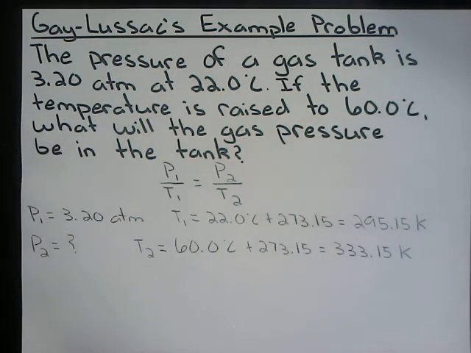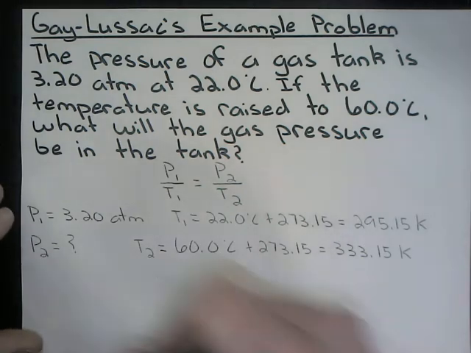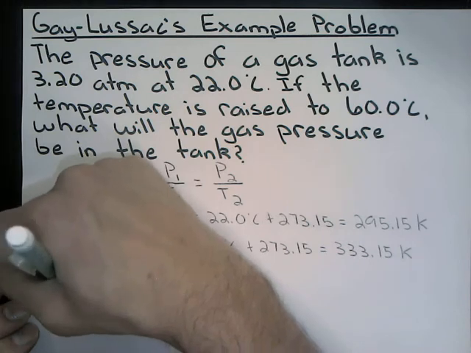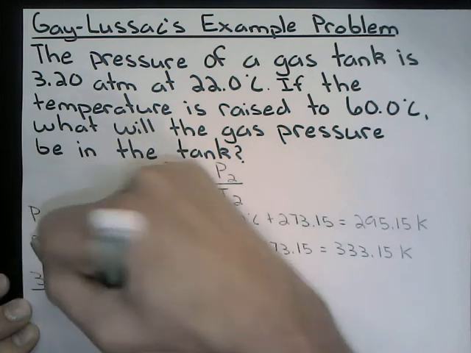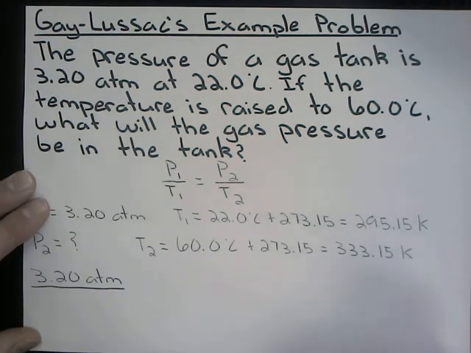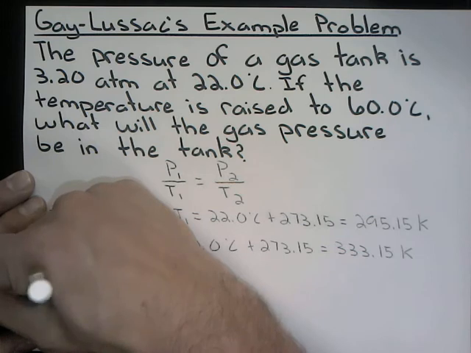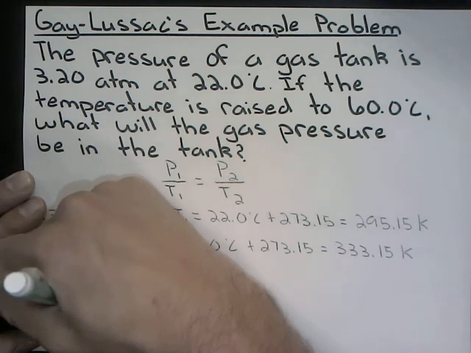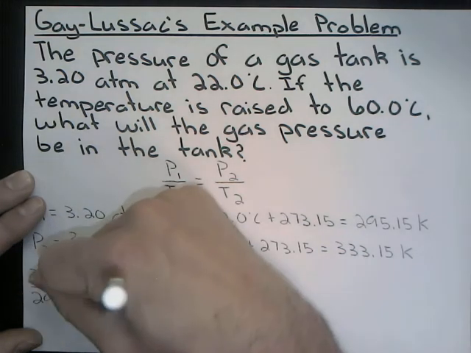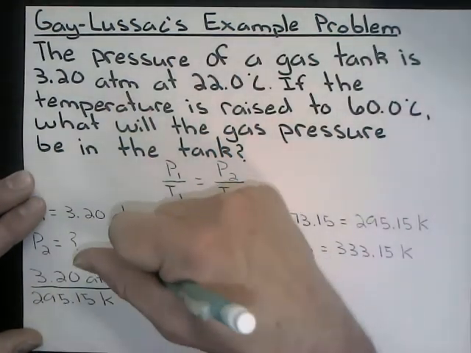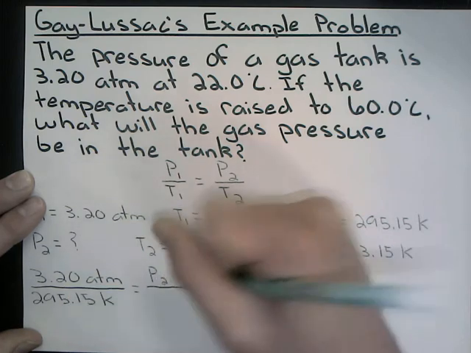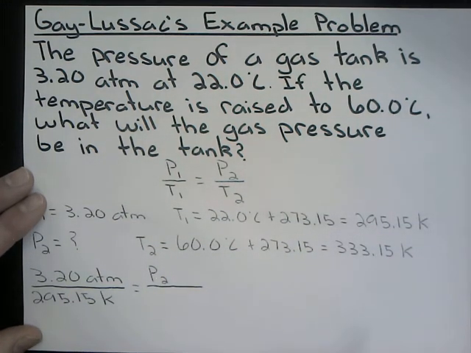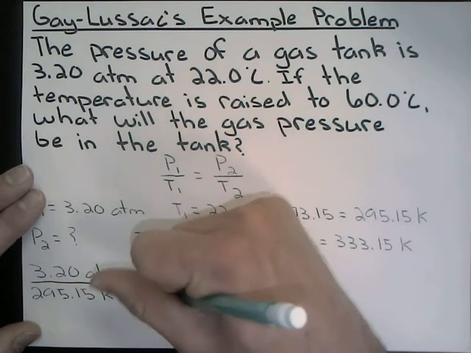Okay, now what we do here is we put all our values back into our formula. And so we would get 3.20 atm divided by our first temperature in Kelvin, which is 295.15. And this is equal to our second pressure, P2, we don't know it, divided by our second temperature, which is 333.15.